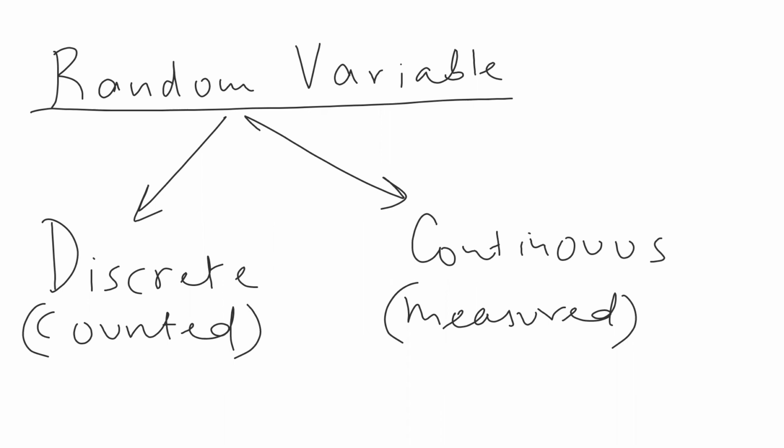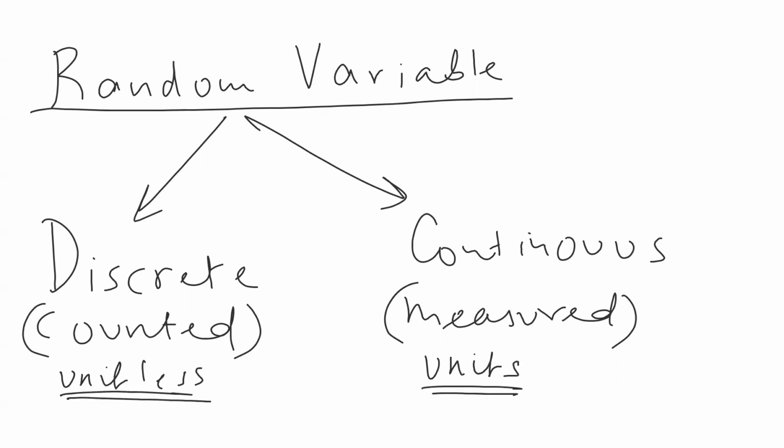Continuous random variable, they don't take up only integer values, but decimal values as well, I'm sorry. Yeah, so discrete random variable is one more thing, it is unitless. But then continuous random variable has units: kilograms, kilometer per hour, milliliter, so on and so forth. These are units, right? Units of measurement, to be precise.